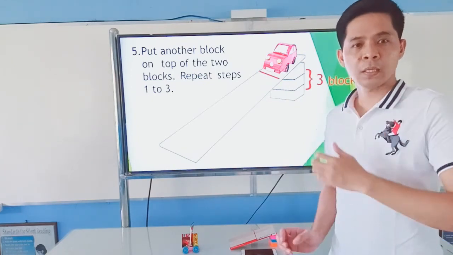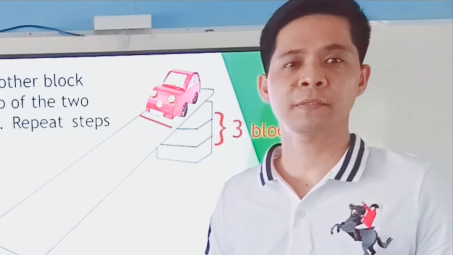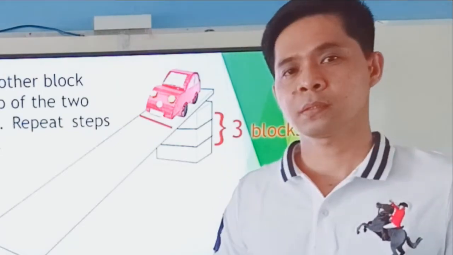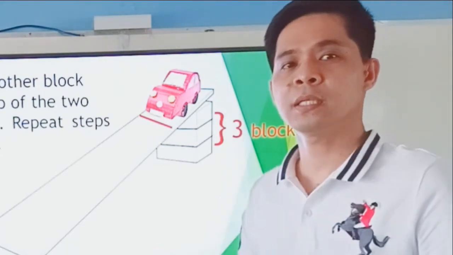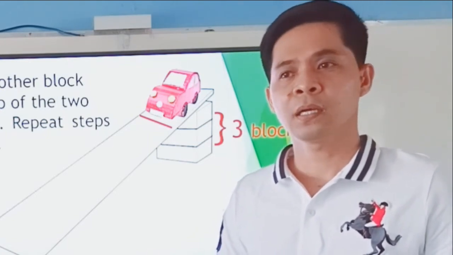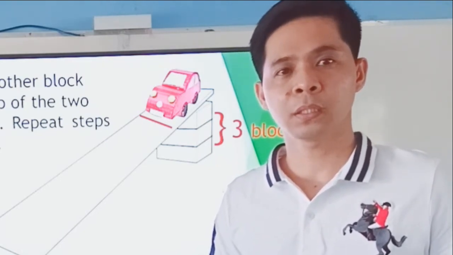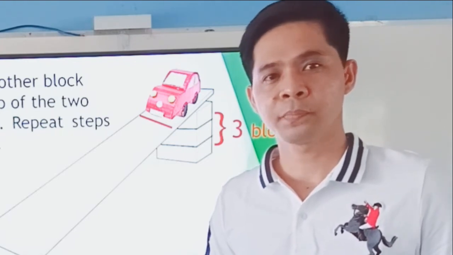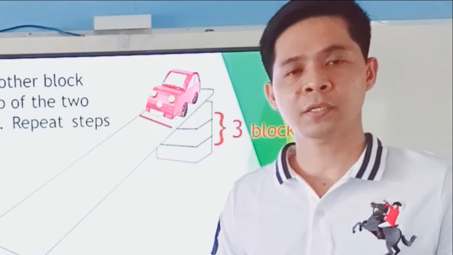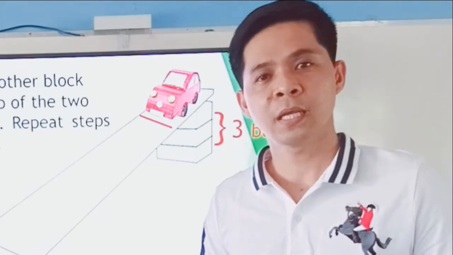Okay, so clearly this is now the mathematics phase of the STEM approach. Why? Because we let the students measure the distance the toy car has traveled. And if we recall the competency to be taught, it says to describe the motion of an object by tracing and measuring its change in position or its distance traveled.